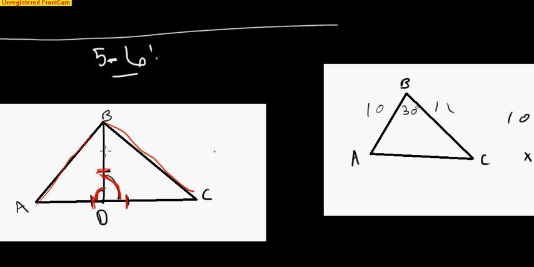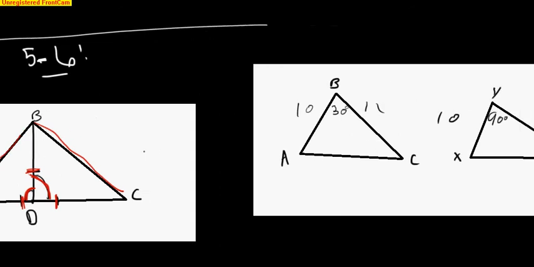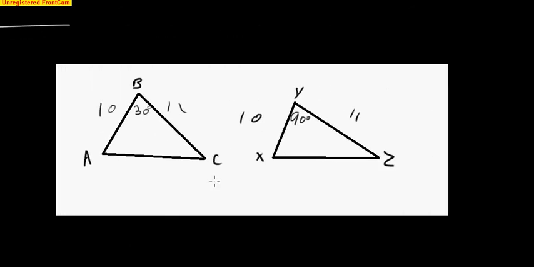So let's go ahead and move over to this example here, and we're given that this side is 10 and this side is 11. We're going to look over at this triangle. We're given that this side is 10 and this side is 11. So that meets the requirements of two sides of two triangles being congruent to each other.